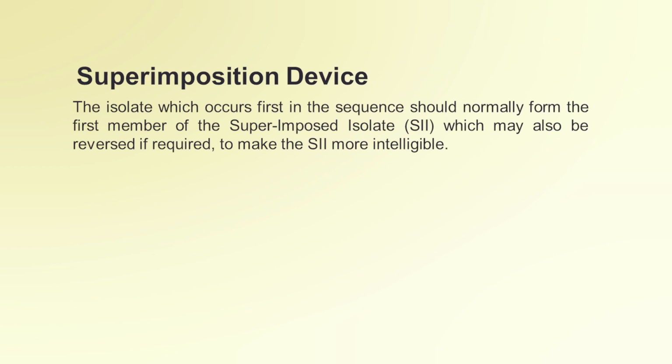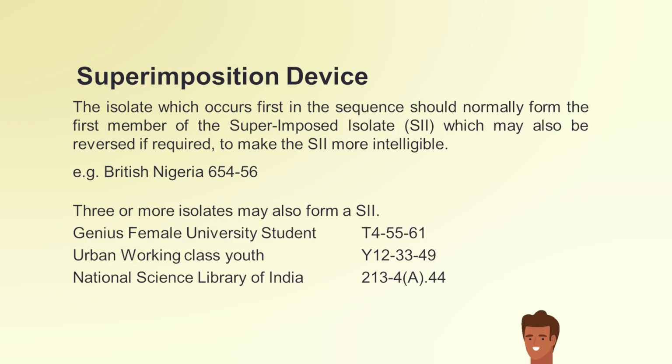Y15-33. The isolate which occurs first in the sequence should normally form the first member of the superimposed isolate, which may also be reversed if required to make the superimposed isolate more intelligible, such as for British Nigeria.